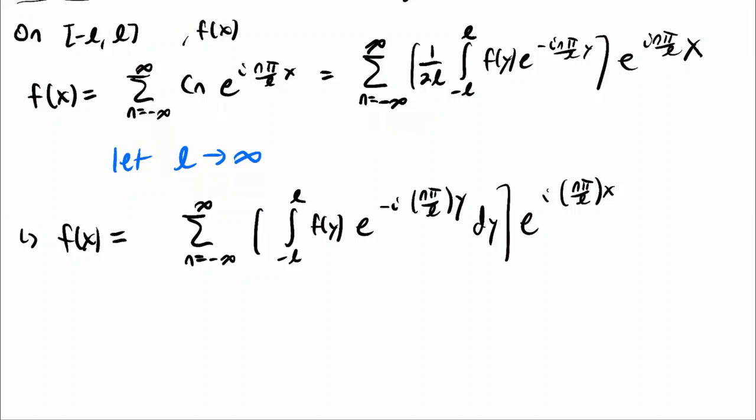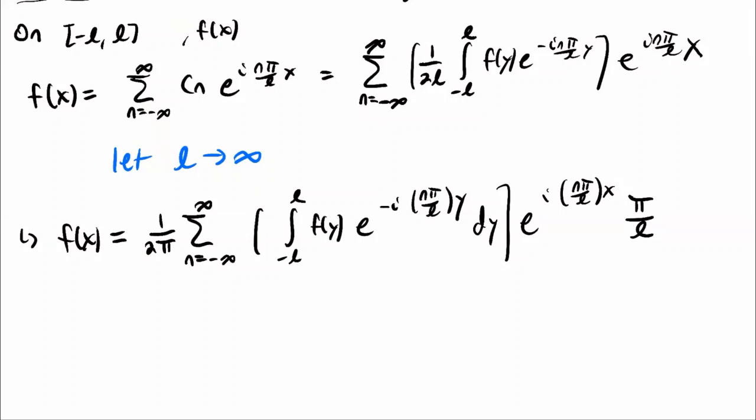Oh, sorry, there should have been an x up here as well. And then we're left with 1 over 2L. What I'm going to do is replace this. We'll see why I'm doing this in a second. I'm going to replace the 1 over 2L by pi over L, which I can do at the expense of dividing by 2 pi out front to normalize.